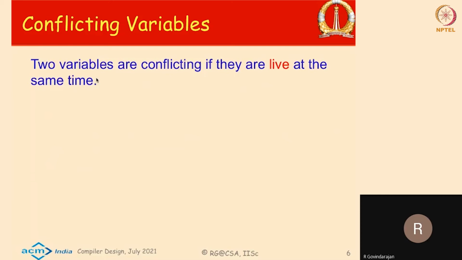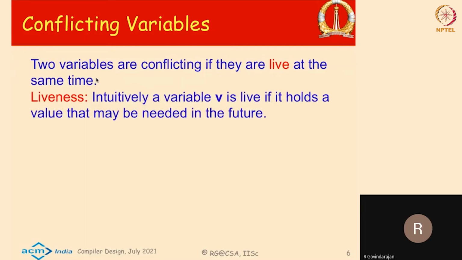So what are conflicting variables? We say two variables are conflicting if they are live at the same time. And what does it mean to say live? Intuitively, we say a variable is live in a particular program if that variable's value is needed somewhere below, at a later point in time, somewhere in the future.